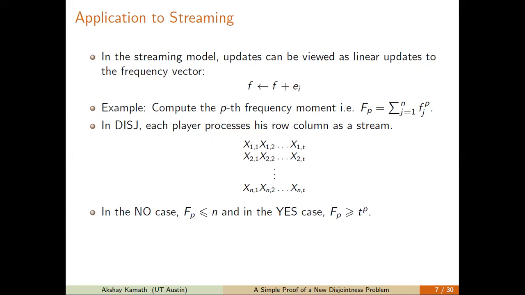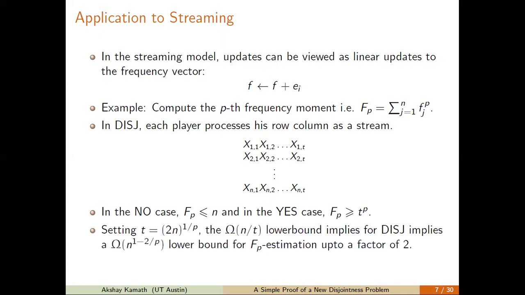So in the no case, the frequency vector is a 0-1 vector. So the pth moment of this vector is at most n. In the yes case, there exists one entry at which the frequency vector is t. So the pth moment of the frequency vector is at least t to the p.